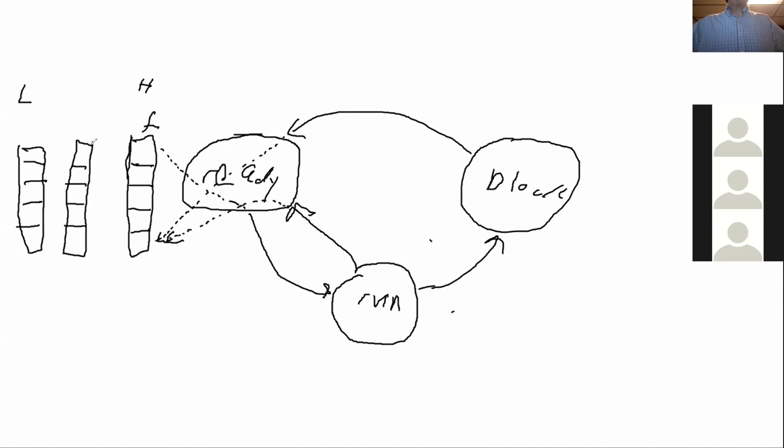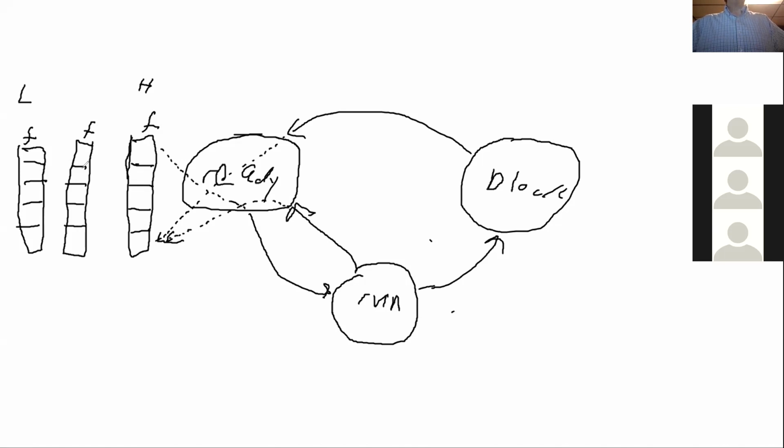Now what you do is the scheduler does round robin on this queue until it's empty. This queue has its front here also, and this queue has its front here also. You only go to this queue when this queue is empty. If there's nobody waiting in line here, then you go to this one and do the same thing, round robin here.